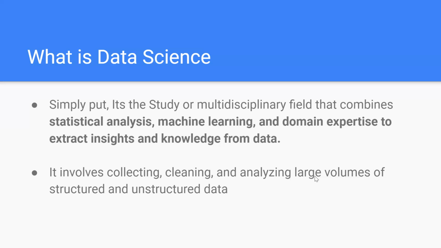I need to get familiar with the data that I'm dealing with. So that is called domain expertise. For example, if I'm dealing with a financial company, I need to have some domain knowledge of financial terms, right? So that's what domain expertise means.